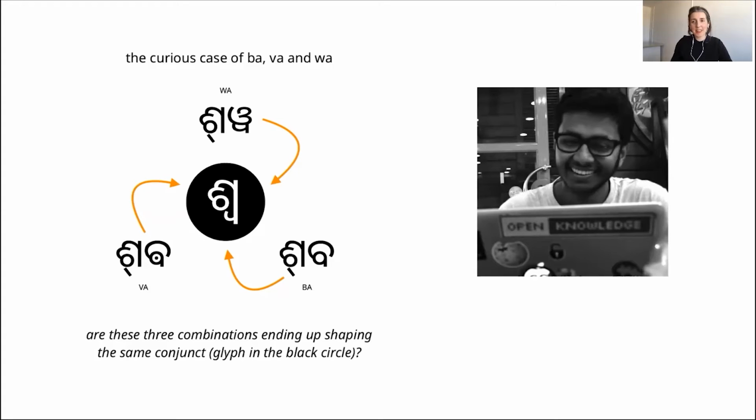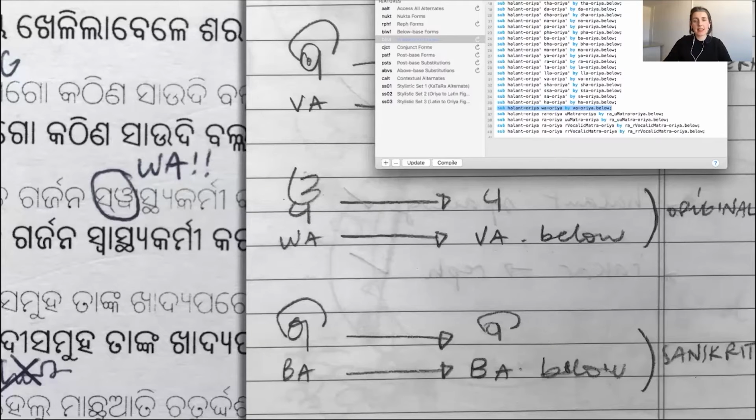So I really needed a little bit of assistance. And eventually I understood that the va and the wa are basically pointing towards the same conjunct. Va is a modern letter, used for loan words in the Odia language, while wa is the original one, but they both are pointing to the same conjuncts.